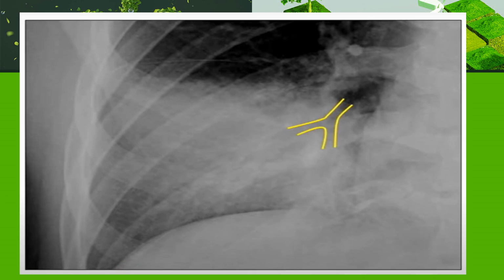You can see here, this is air bronchogram. So in that opacity, air-filled bronchi can be seen as air bronchogram. It is most common in cases of non-cardiogenic pulmonary edema.